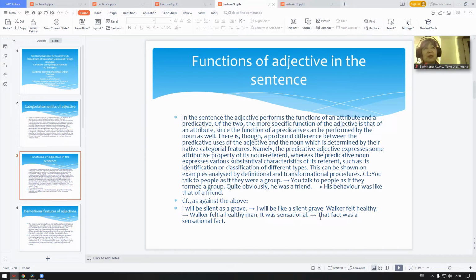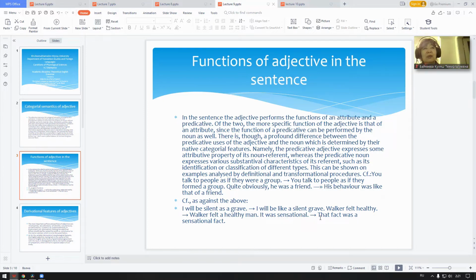There is, though, a profound difference between the predicative uses of the adjective and the noun, which is determined by their native categorical features. Namely, the predicative adjective expresses some attributive property of its noun referent, whereas the predicative noun expresses various substantival characteristics of its referent, such as its identification or classification of different types.